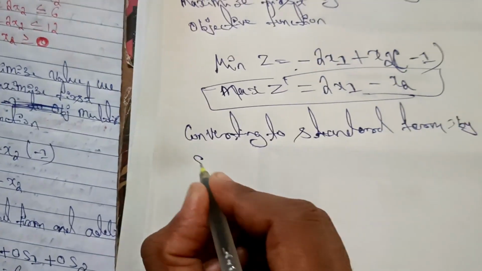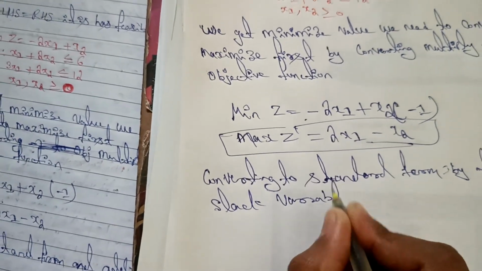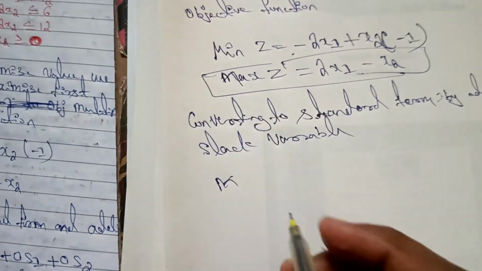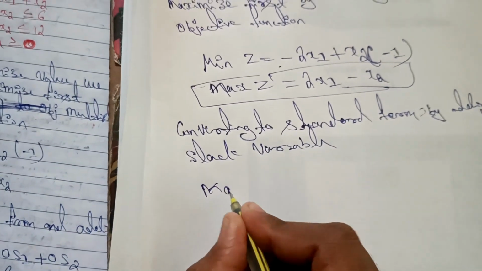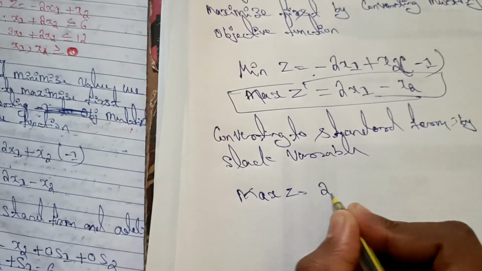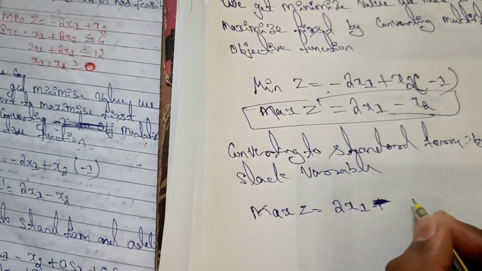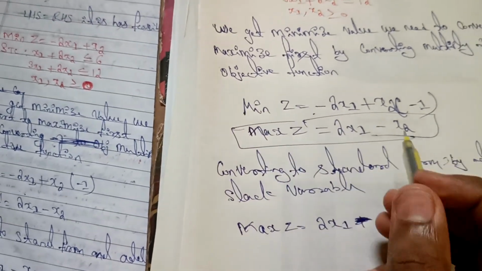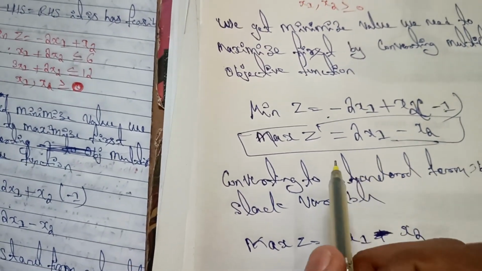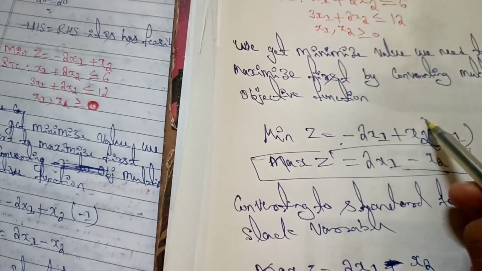The maximum z we write the same as we converted, now minimize to maximize. That value we write as max z is equal to 2x1 minus x2. Here how did the minus come? We converted the minimum value to maximize by multiplying by minus 1.